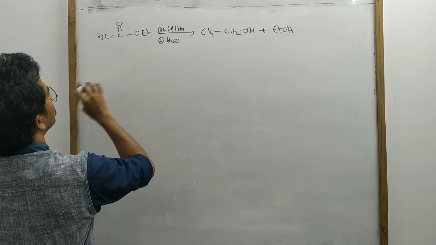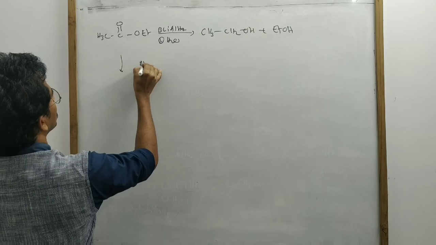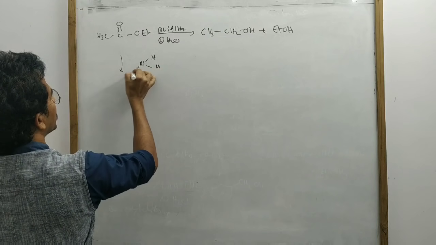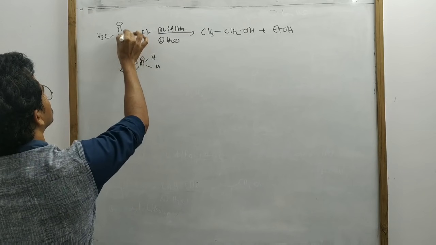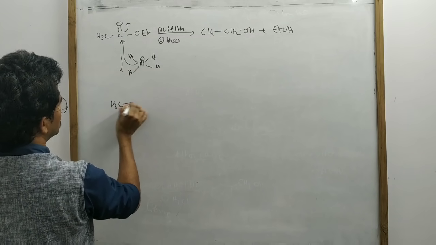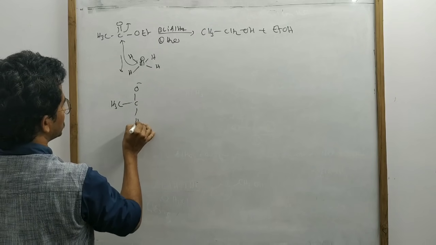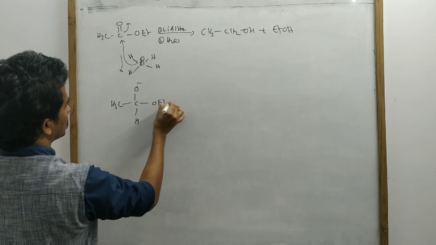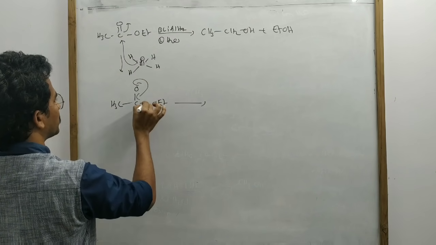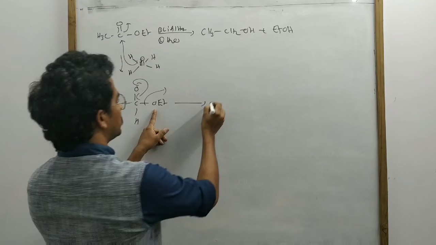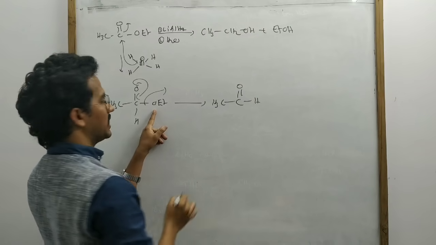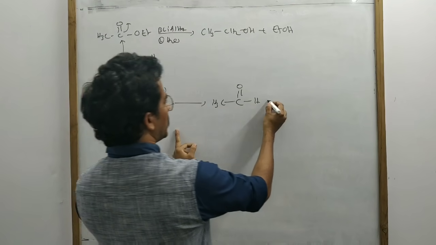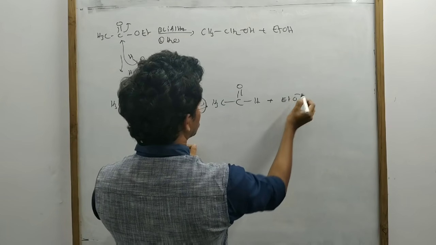In this case, again the same mechanism. From the AlH4 minus, H minus attacks on this carbon. So CH3, C, O minus, here H, here ethoxy group, then reformation of the pi bond and leaving of the ethoxide. So CH3CHO, an aldehyde, is formed again, and EtO minus.